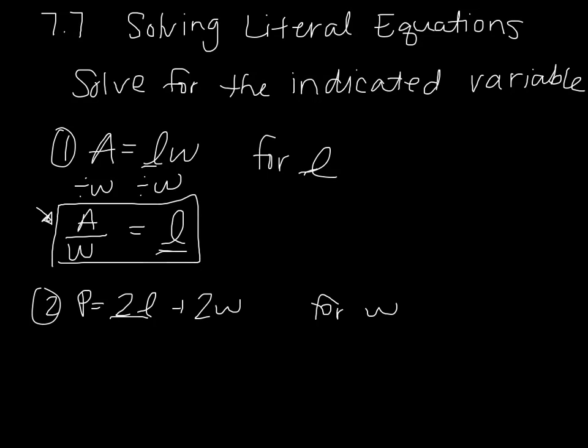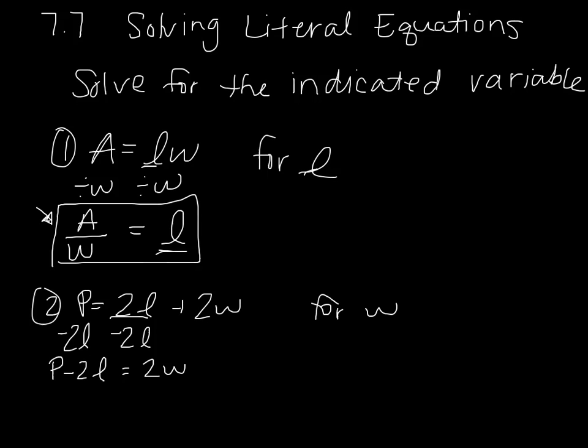Right now I'm adding that, and this is a positive 2L, so I can subtract 2L from both sides. So now I have P minus 2L equals 2W. Did you catch that, you guys? All I'm doing is getting rid of the stuff so that I can get W by itself.